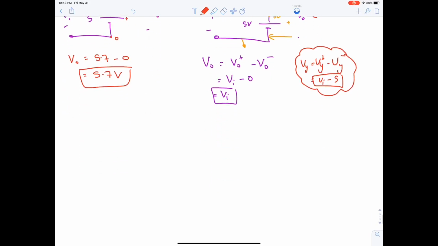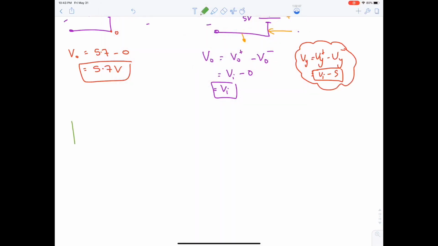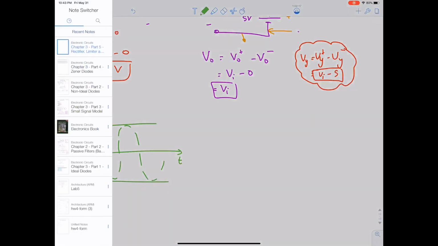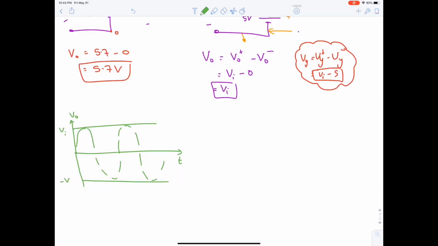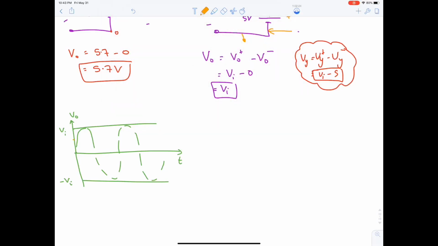Let's now plot the V output in its waveform and VTC. Time, V output. This is our wave reference. VI with minus VI. If VI is positive, we have a 5.7 DC value, cropping, and if VI is negative, then it's minus VI.